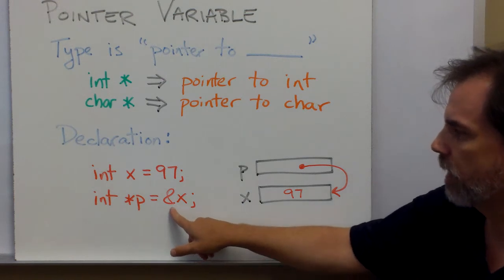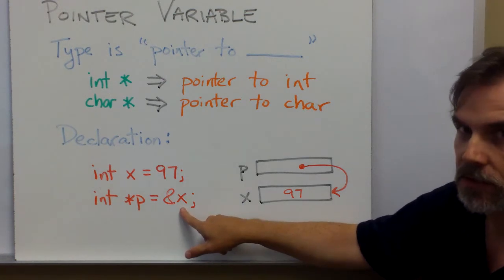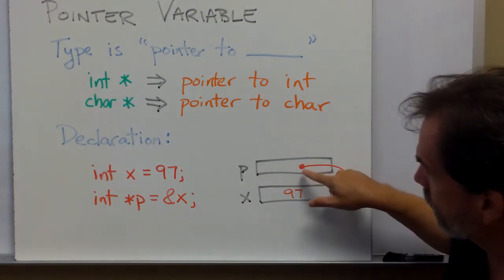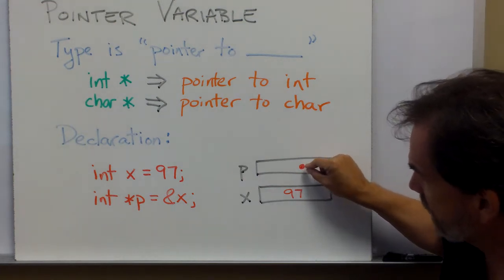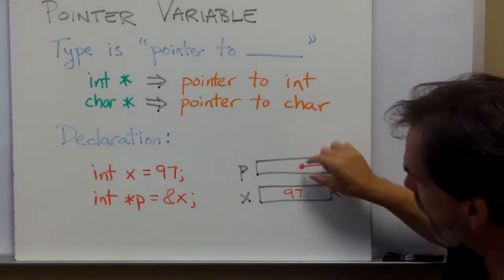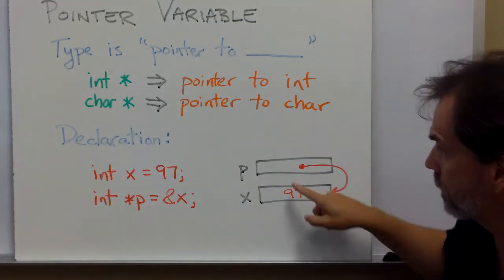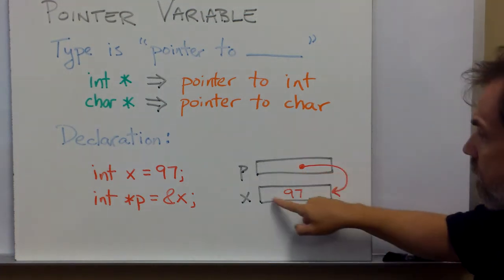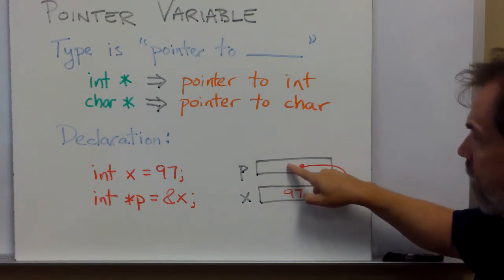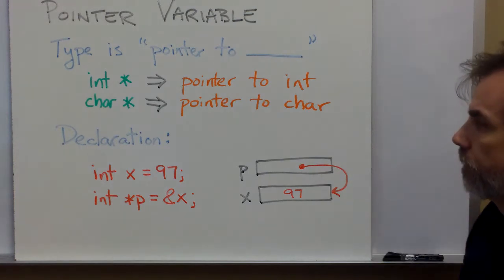So when we initialize p with the address of x, I draw this with a heavy dot to say the content of this box is a pointer to that box. So p holds the address of variable x, which means that the value in this box is the address of this box.